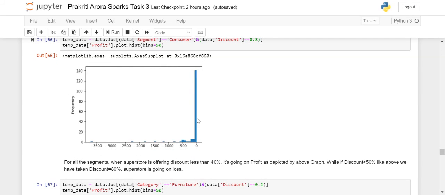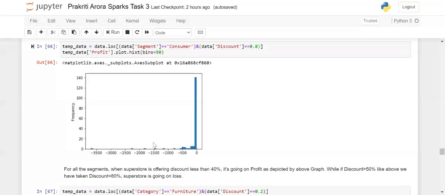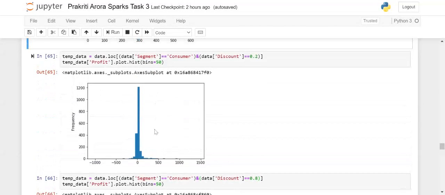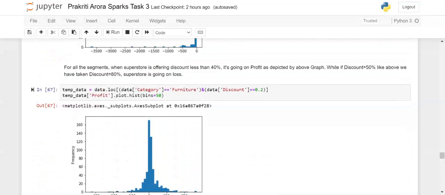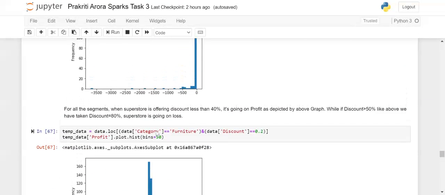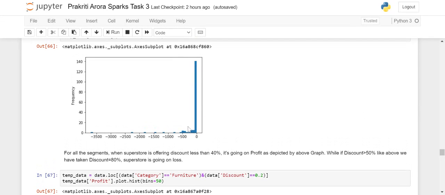We can notice that the profit is going into loss. Hence we can conclude for all the segments, when the superstore is offering a discount of less than 40%, it's going into profit as depicted by the graphs. And when the discount is greater than 50%, like above where we have taken an 80% discount, the superstore is going into loss.